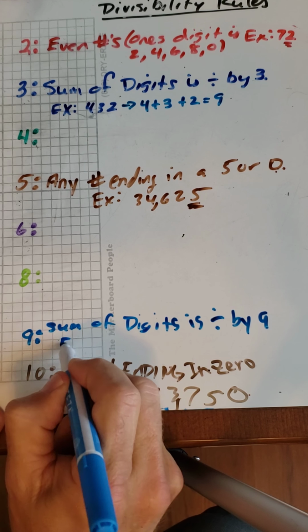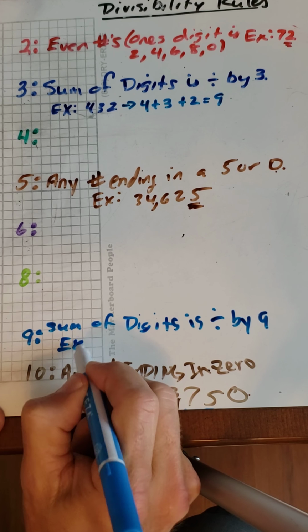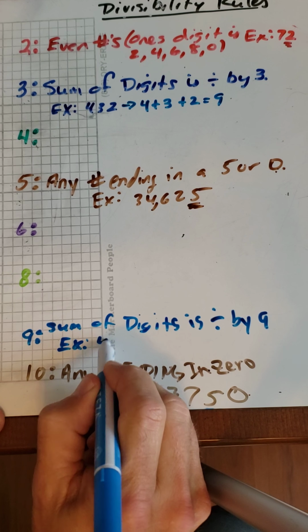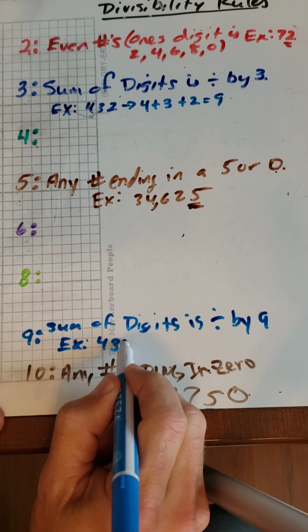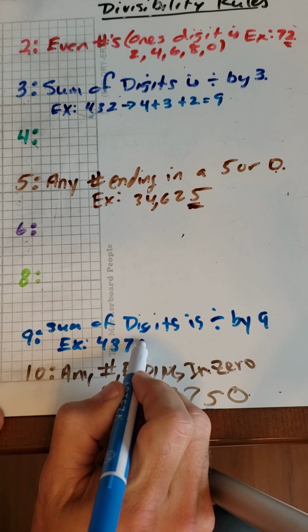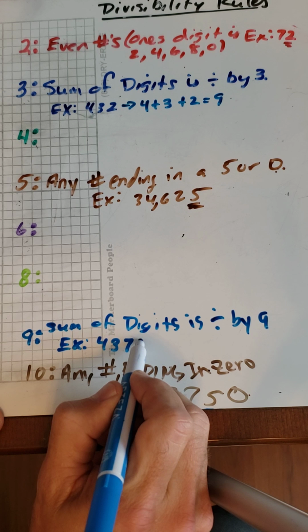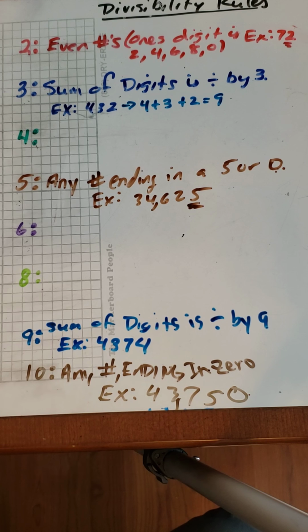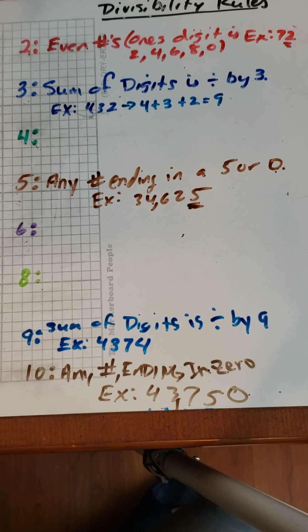So an example of that one would be 4, 3, 7, 4.